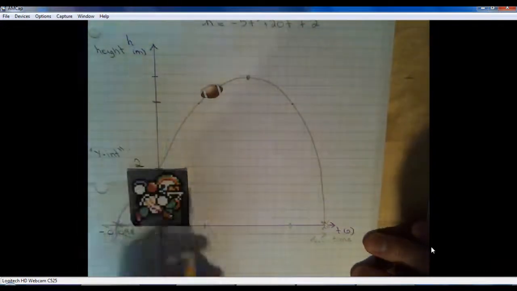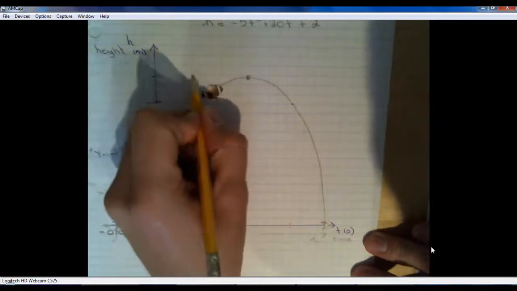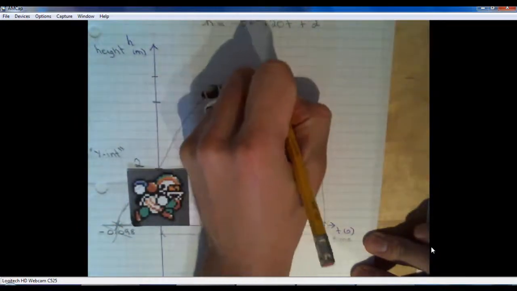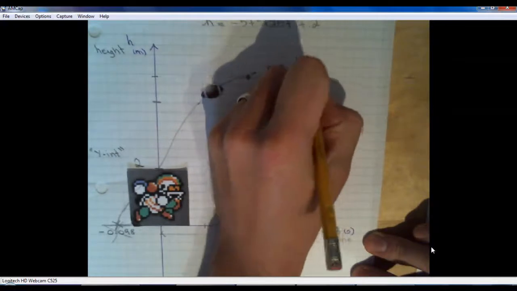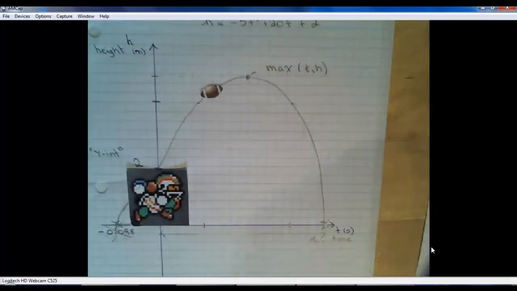Okay, now let's talk about that graphically. Okay, so again back to our sketch of the parabola. So we don't know what the max height is, it doesn't matter. It's some value. They want to know at 17 meters, okay, how long was the ball above that?